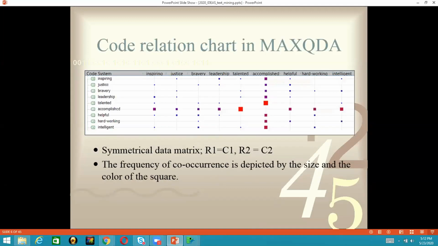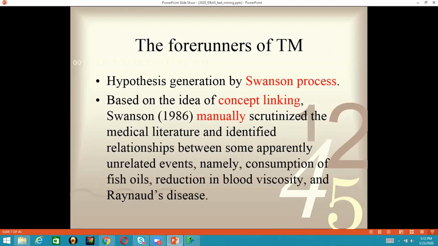It's exactly what I told you before, right? Okay, so you have this concept. What is the association? And he used this idea manually. The key is manually.